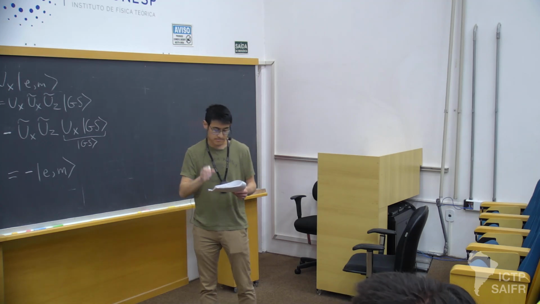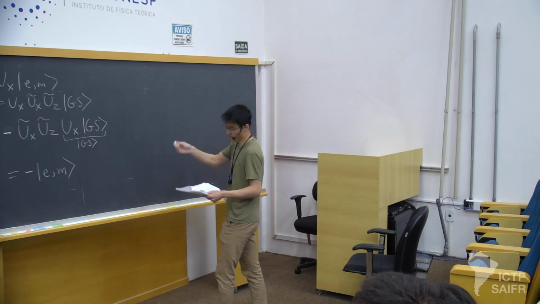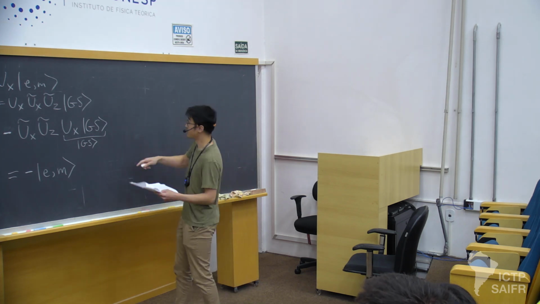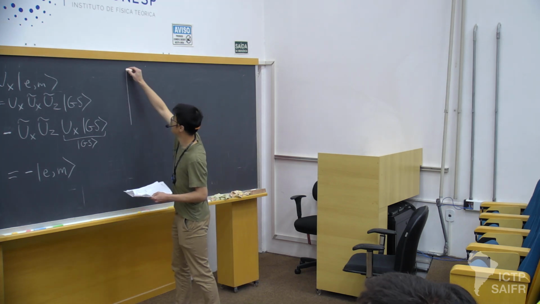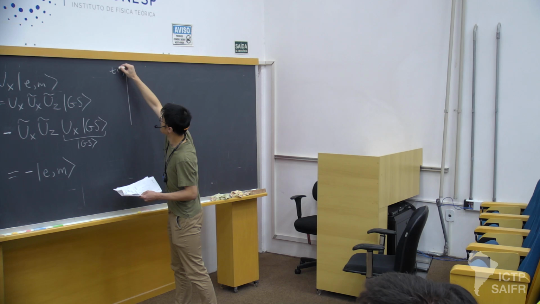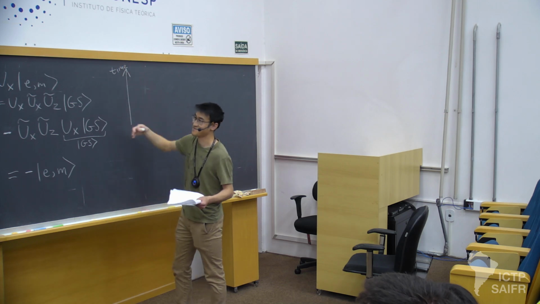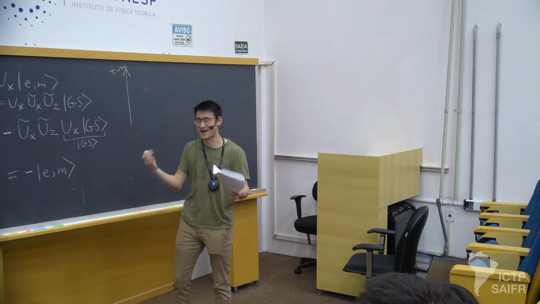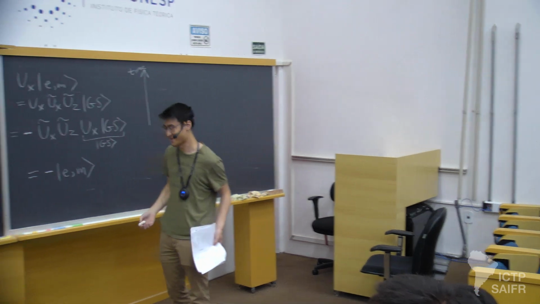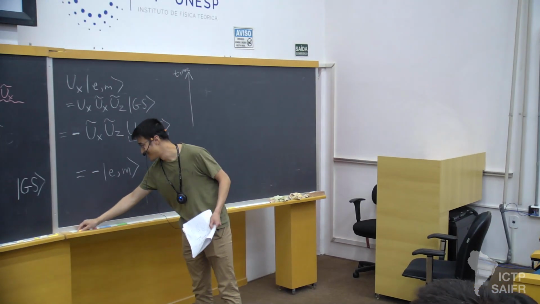Yeah, okay, I'm almost done. So it's useful to represent this in terms of a space-time picture, or at least what a condensed matter physicist would call a space-time picture, not the curved space that Pedro deals with.